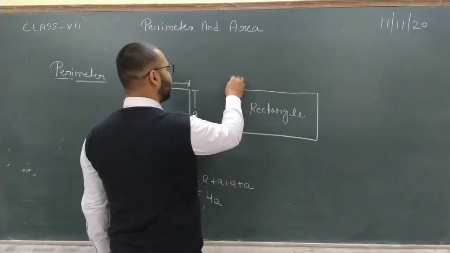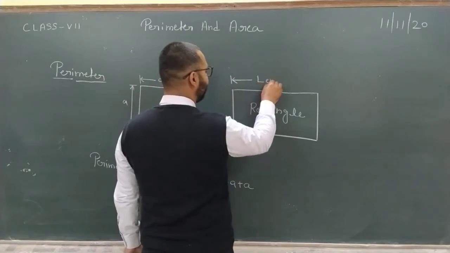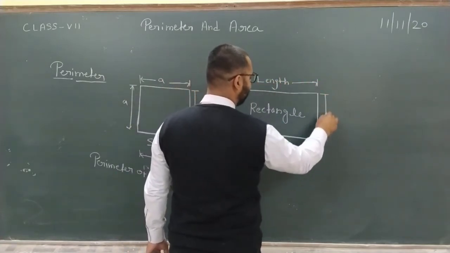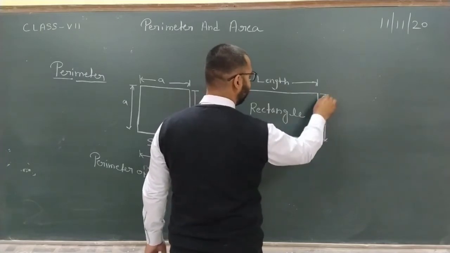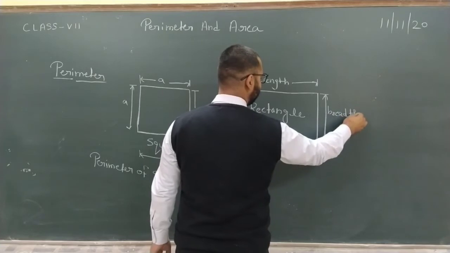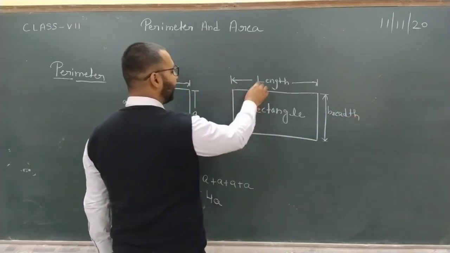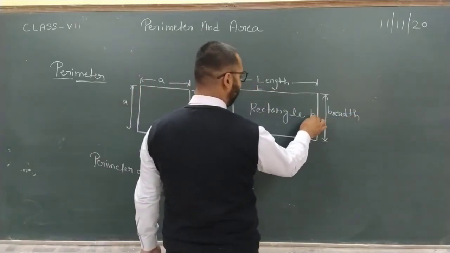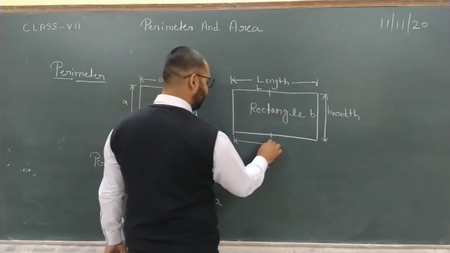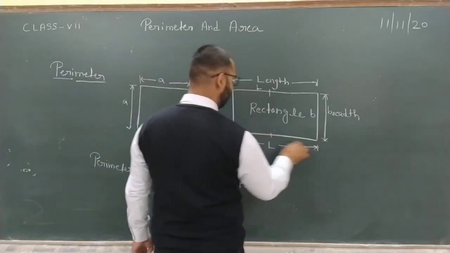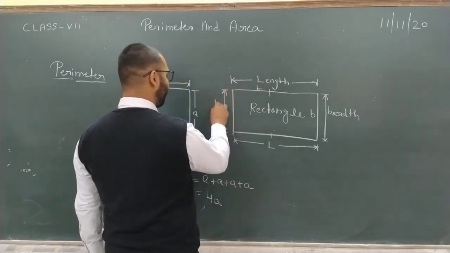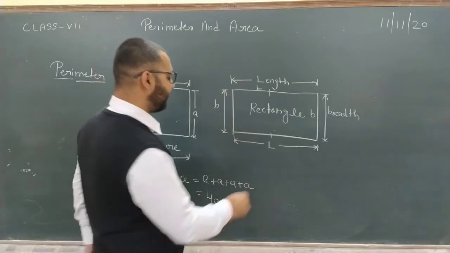So this side we used to call length, and here breadth. Fine. So if this is L, this is B. Opposite sides are equal, so this is also equal to L, and this one is breadth.